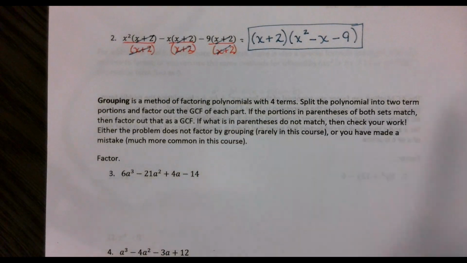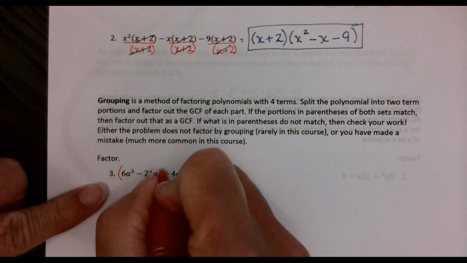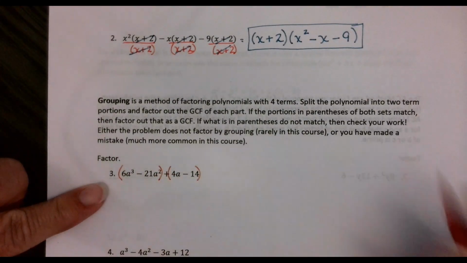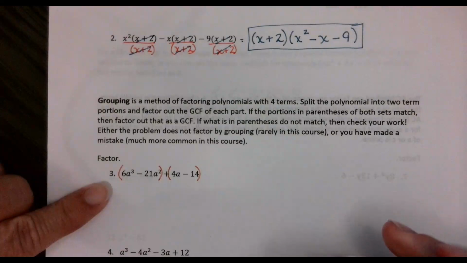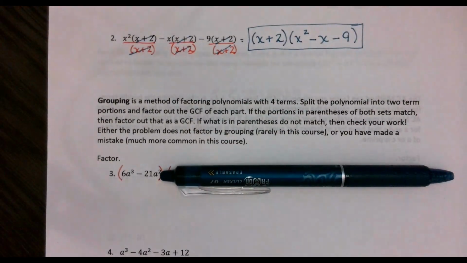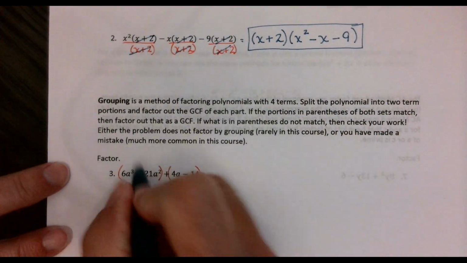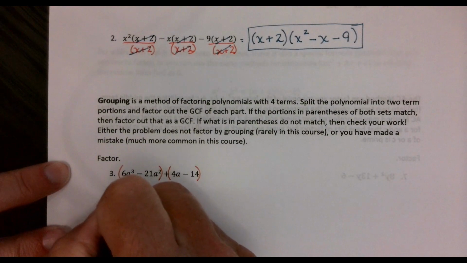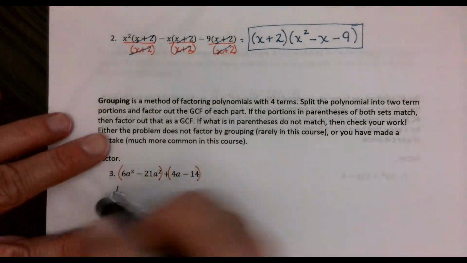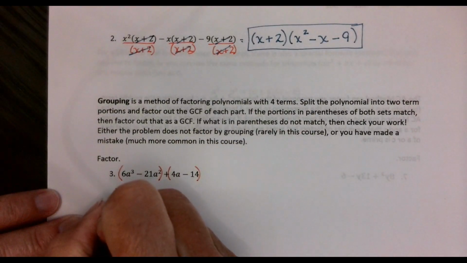Okay, so right here, we've got 4 terms. I'm going to group these two, and I'm going to group these two. Now, let's look at this first part. What is my GCF? What will go into 6a cubed and 21a squared? Let's try 3.